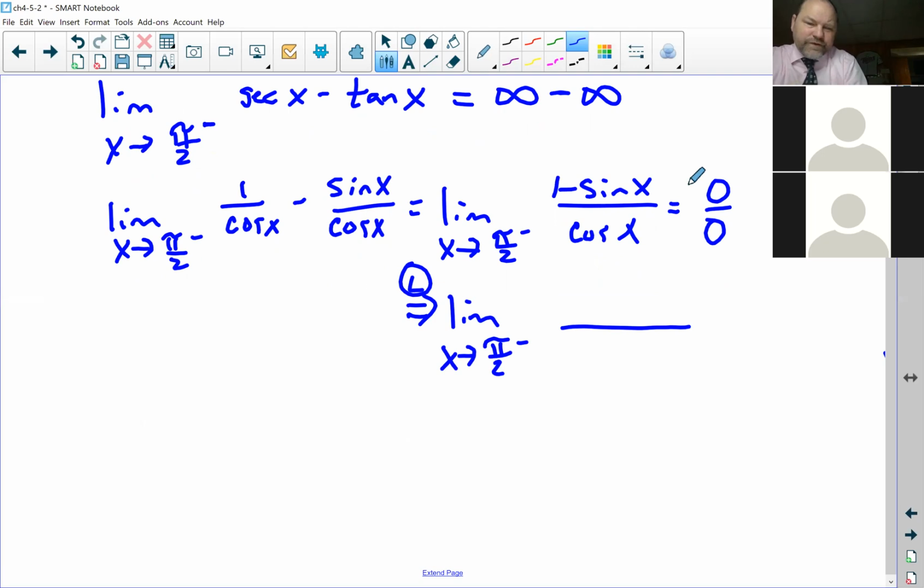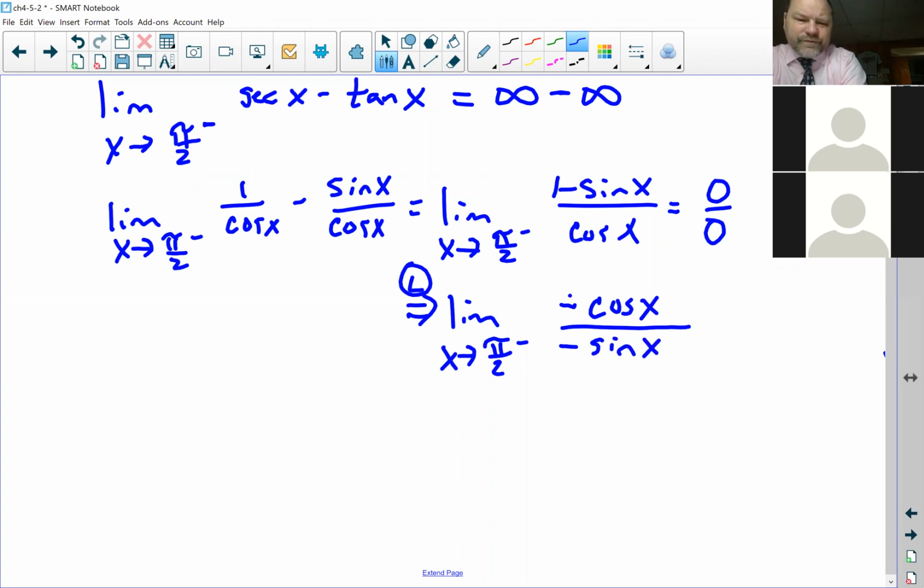So taking the derivative of the numerator, derivative of 1 is 0. Derivative of minus sine of x is minus cosine x. The negative just stays with. The derivative of cosine is negative sine.